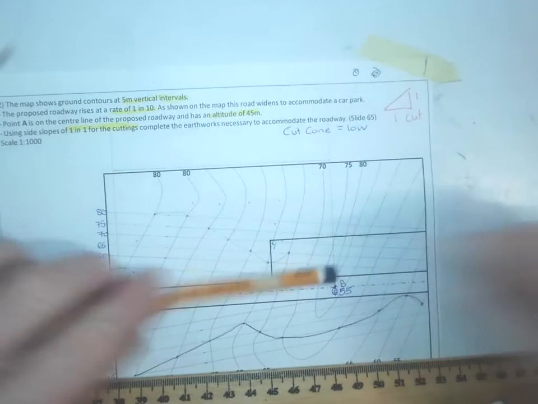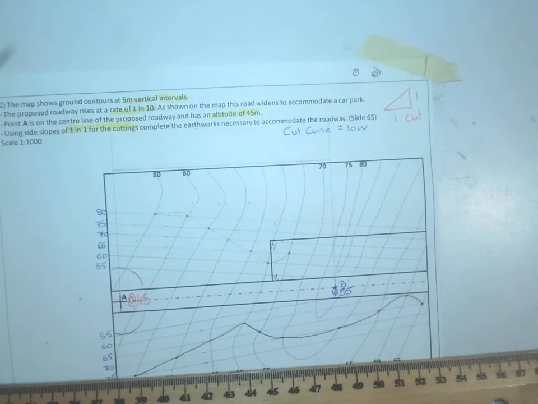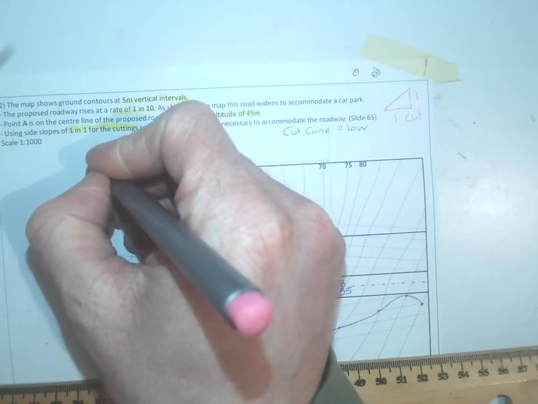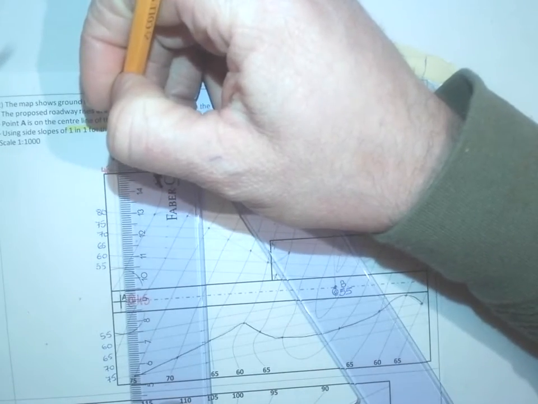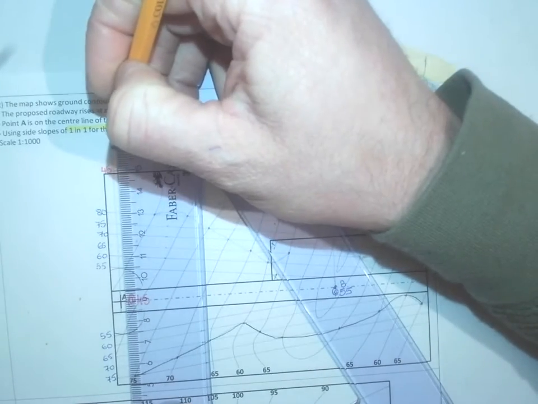at. So this will be 45, and then we're going to step up every 5 until we get to 55. 45, 50, and 55.